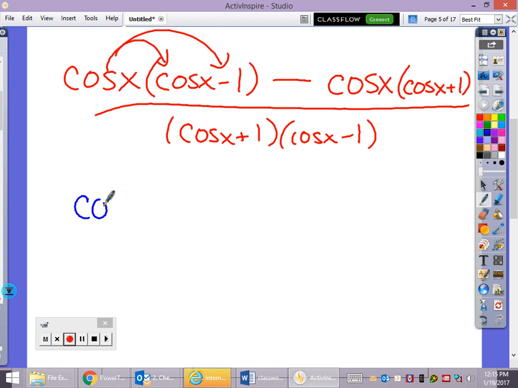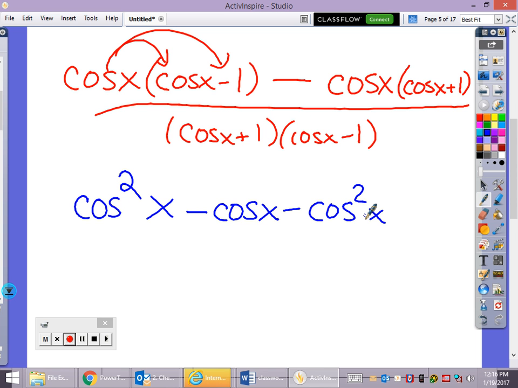Which is cosine squared. It's cosine x, yep. And then negative cosine times cosine. Negative cosine squared x and negative cosine times 1. Cosine x. Great.